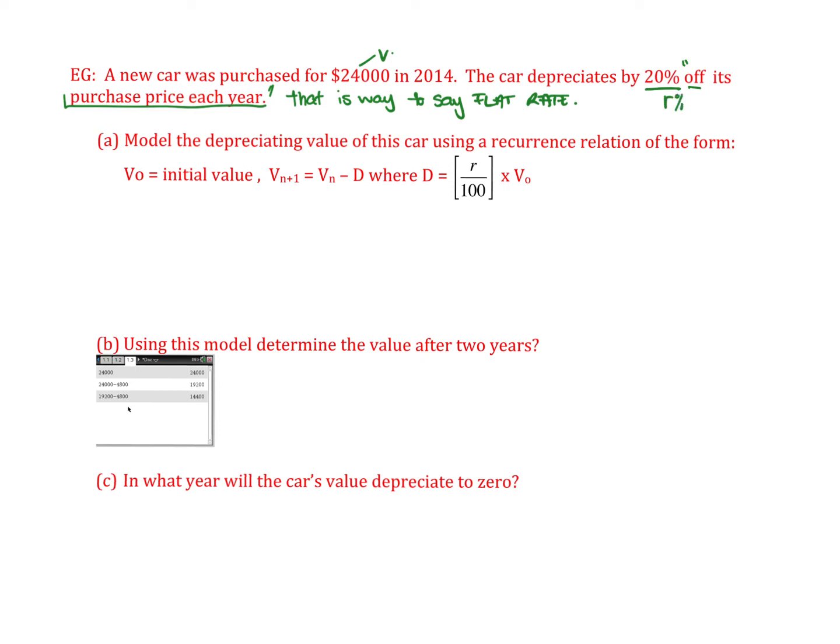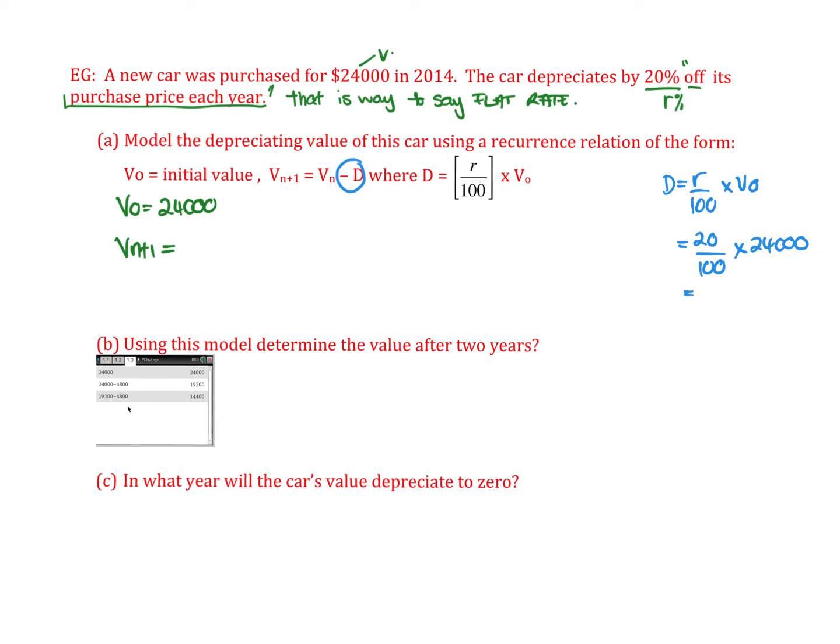It says model this depreciating value of the car using a recurrence relation. So when we have a V0 recurrence relation, we have to write our V0, which is simple. Now we have to write the Vn plus 1 rule, and the only bit we have to fill in or calculate is this D value. So over on the side, I'm going to work that out using the formula. We said it was 20%, so it's 20 over 100 times the 24,000.